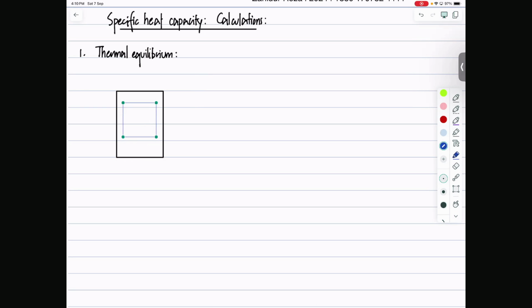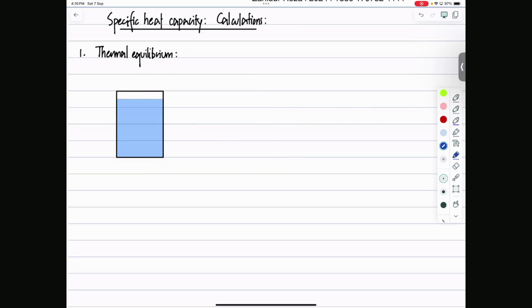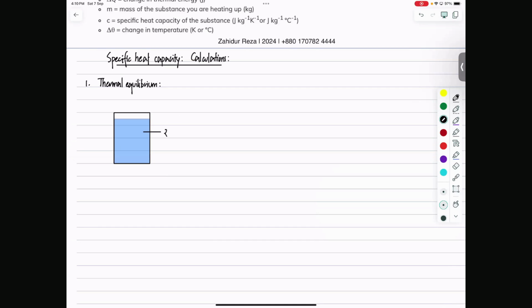That's the container that you have here, and there's a liquid inside it. This liquid is at room temperature, so it is 25 degrees Celsius. That's the temperature value, 25 degrees Celsius, and the mass is 2 kilograms. So you have this container with this liquid.